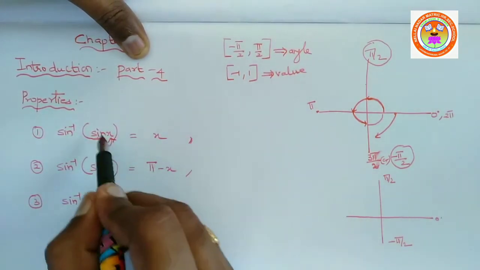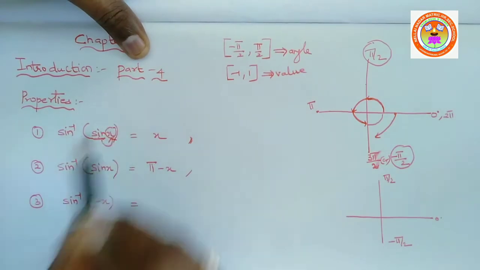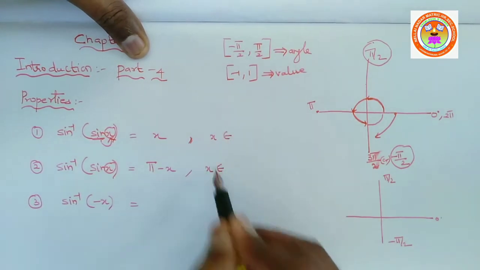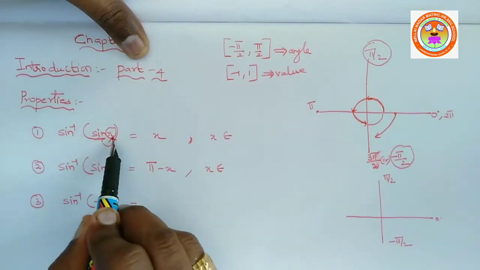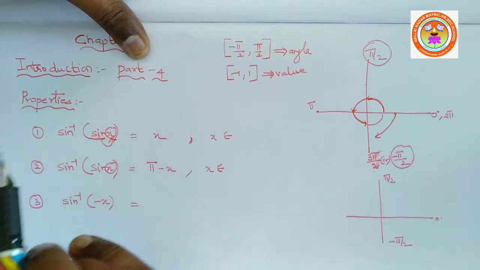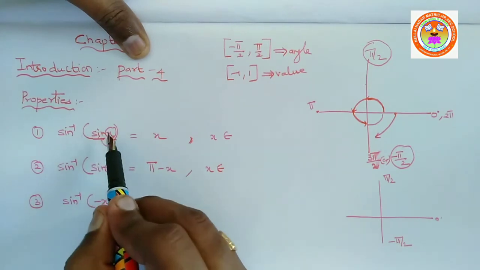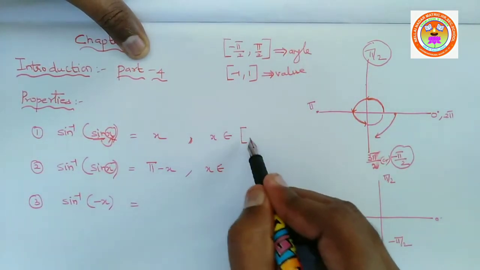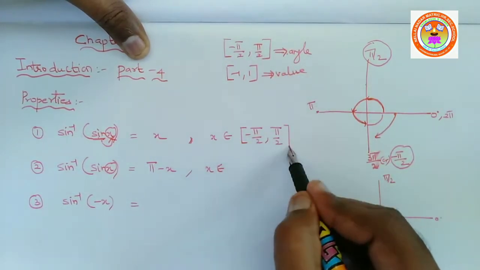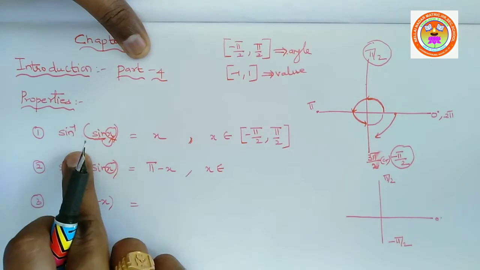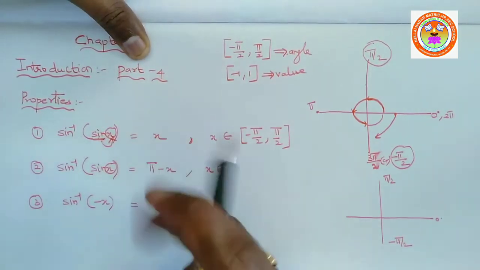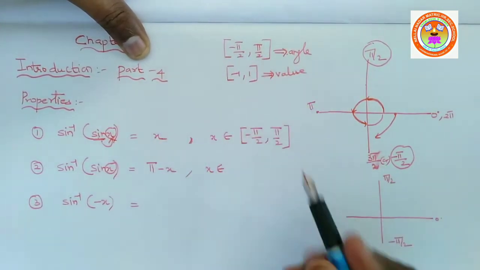So this answer has a condition that applies to x, therefore x belongs to, since sine is followed by angle, sine inverse is followed by value, sine is followed by angle, so minus pi by 2 comma plus pi by 2, angle minus pi by 2 comma plus pi by 2. So if sine inverse of sine x is equal to x, what is the condition? This x should belong to minus pi by 2 comma plus pi by 2.